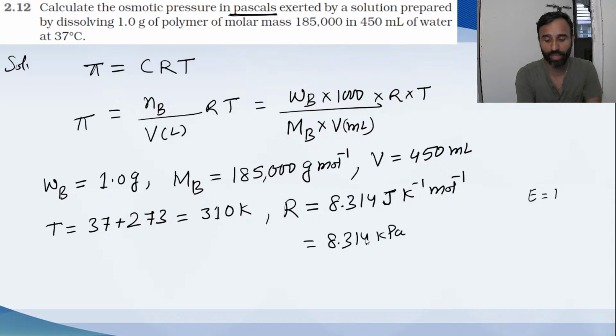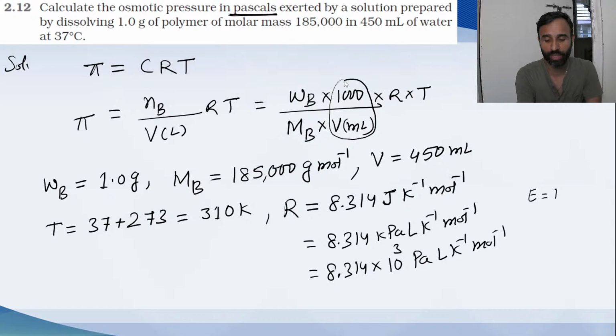So R is equal to 8.314 kilopascal liter per Kelvin per mole. So it is actually 8.314 into 10 raised to 3 Pascal liter per Kelvin per mole. Here V ml over 1000 means volume in liter. So in place of 8.314, now we write 8.314 into 10 raised to 3. Only this is the twist.